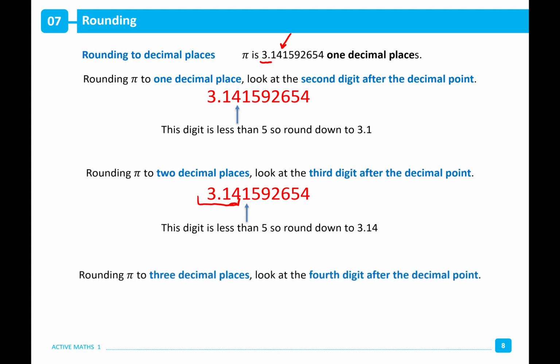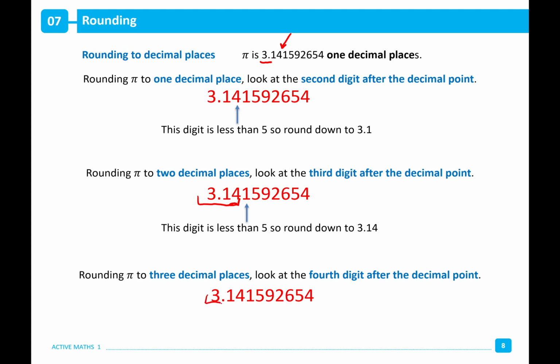Let's try another. We want to round this number to 3 decimal places. To do this, we keep everything up to the third decimal place and we look at the fourth digit after the decimal point. We're given 3.141592654.